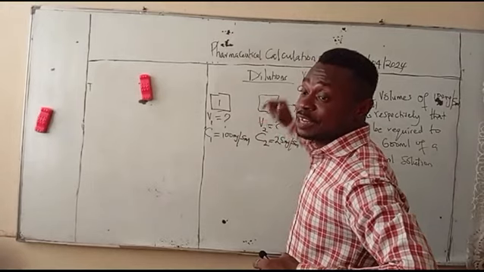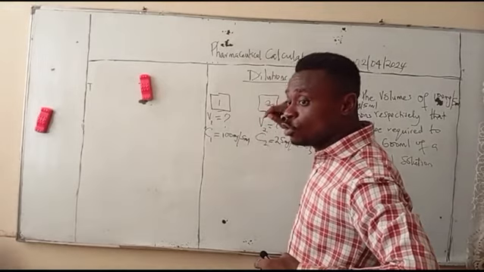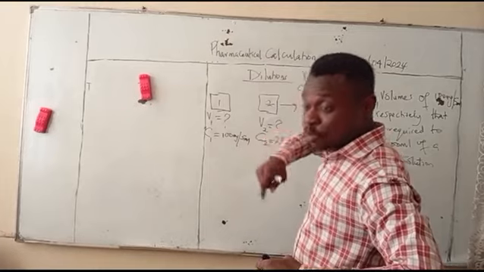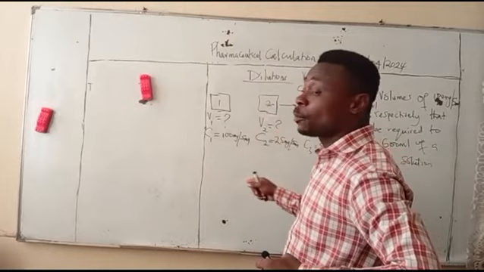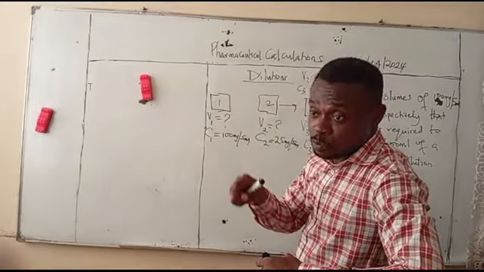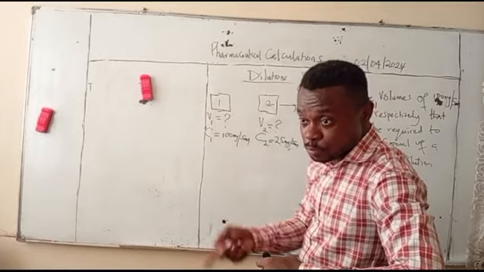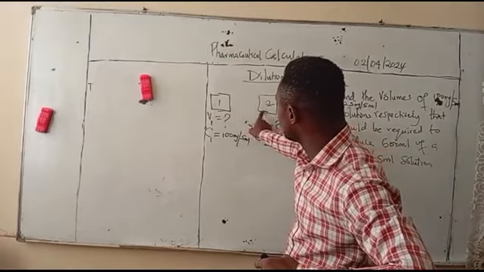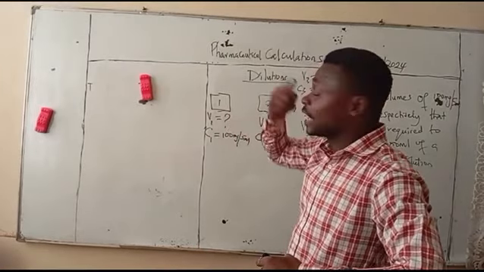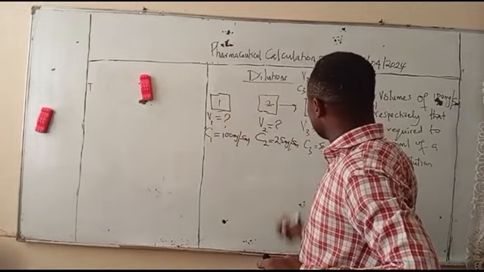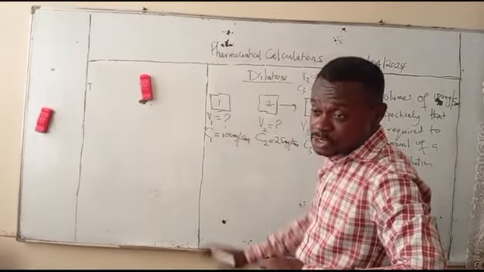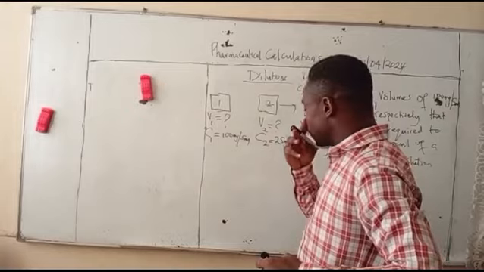Sometimes you have to find the volume. That means before you go to volume, you must get the proportion first, because you need that proportion to get to the volume of their combination. But this one, they wanted to get the actual volume that was combined.